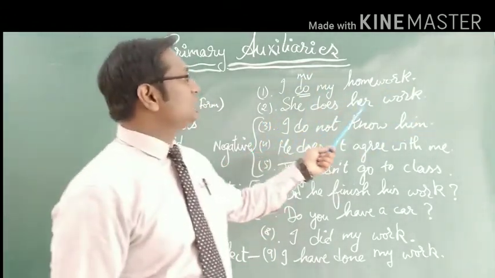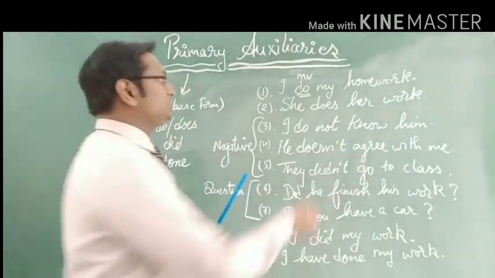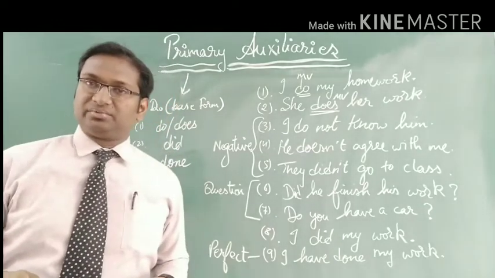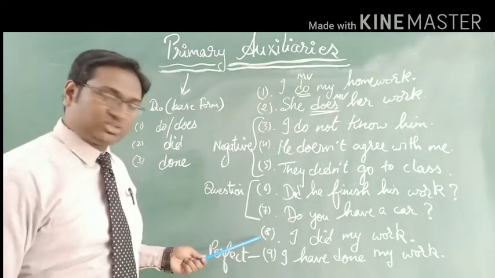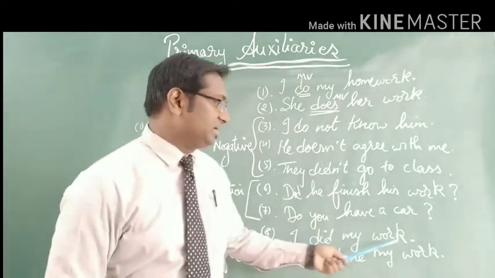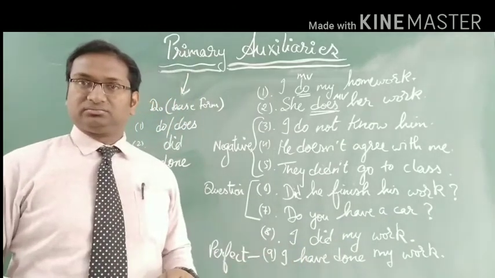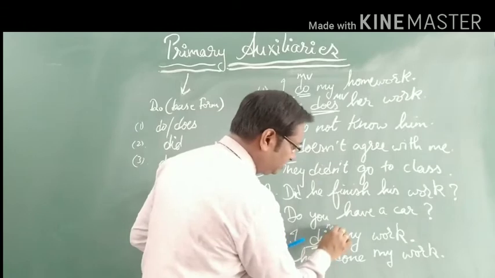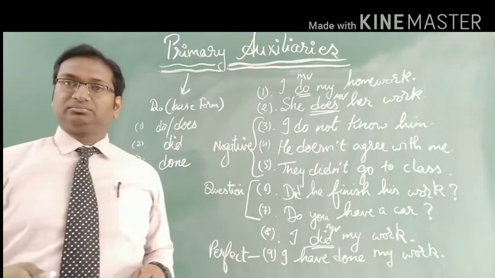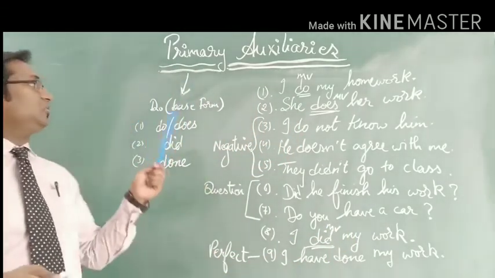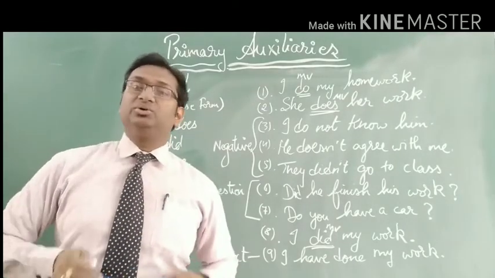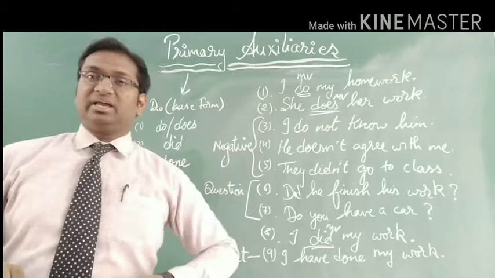Second, she does her work. Here also, does plays the role of main verb. Here, see the third one. I did my work. Past. So over here, did is your main verb.